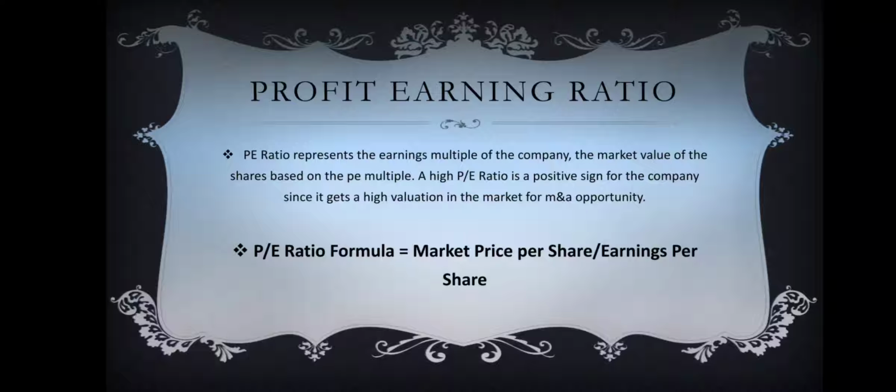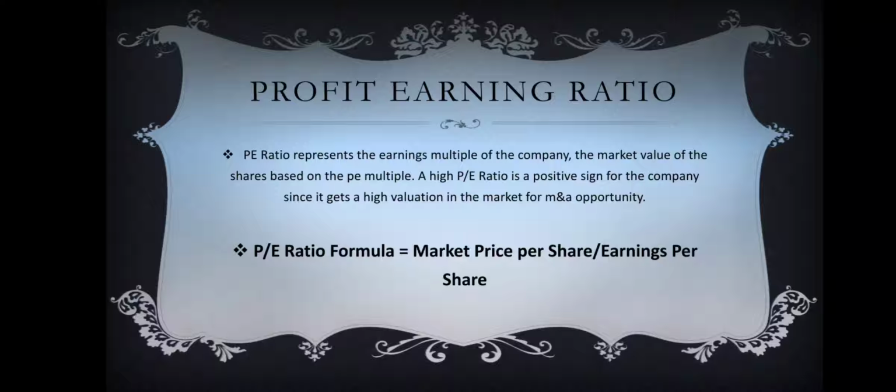Price earnings ratio, PE ratio. It represents the earnings multiple of the company, the market value of the shares based on the PE multiple. A higher PE ratio is a positive sign for the company since it gets a high valuation in the market for M&A opportunities.